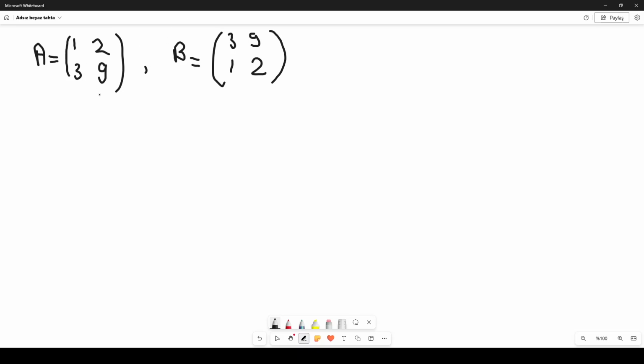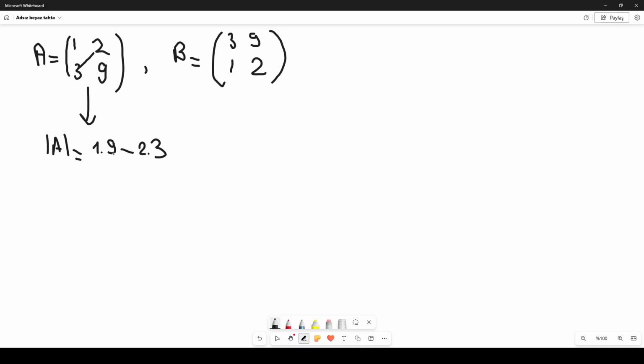It is easy, right? Then what would we do? So determinant A is equal to 1 times 9. We multiply the main diagonal elements and subtract from this value the multiplication of the non-main diagonal elements, which is 2 times 3.